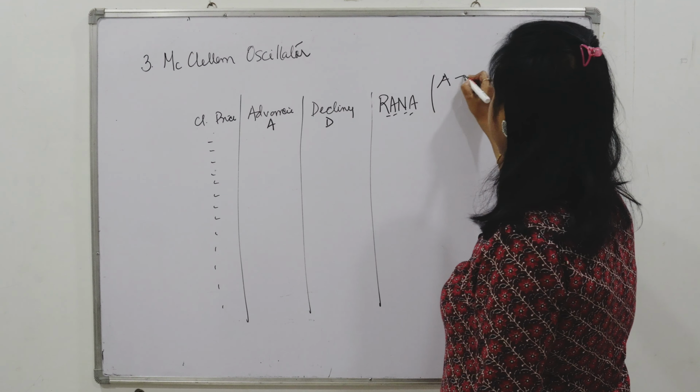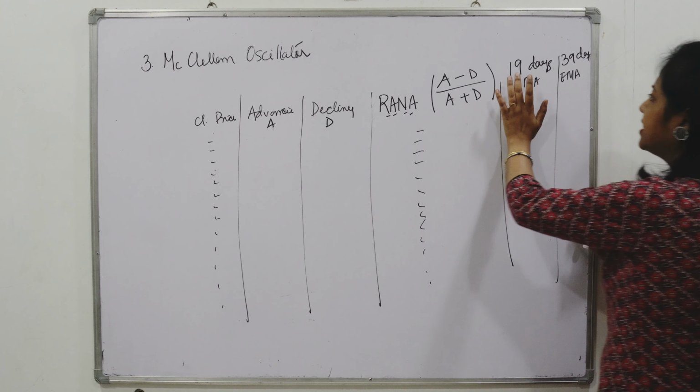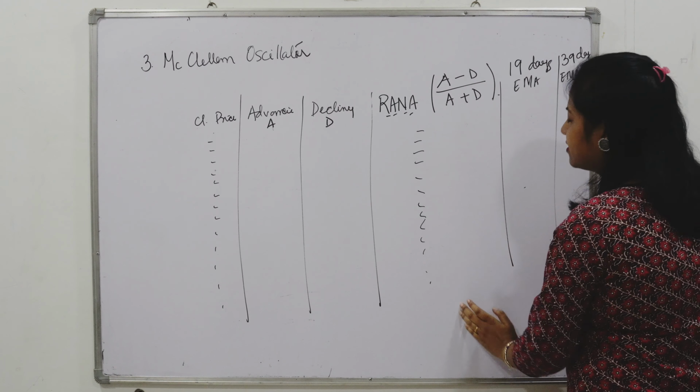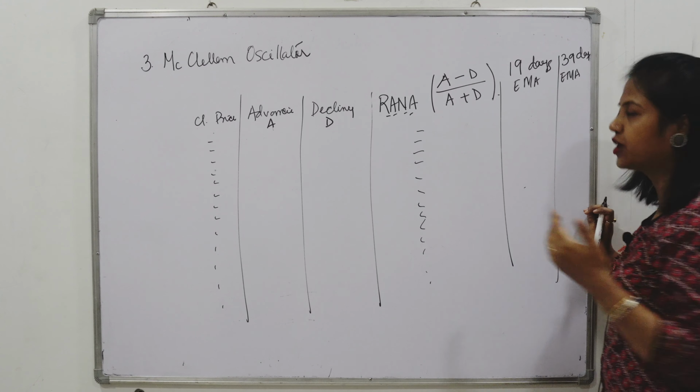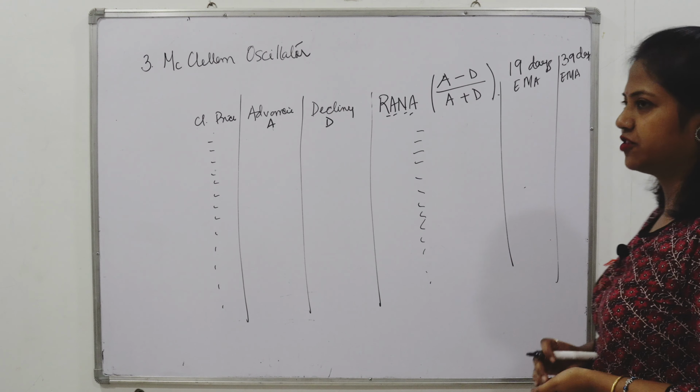Okay, so see, the idea is very clear. The closing price I will take, and I will take how many stocks are advancing, how many stocks are declining. I will calculate this minus this divided by this plus this, the total, and then we will see the 19 days EMA on this. EMA means exponential moving average, and we will see the 39 days exponential moving average.